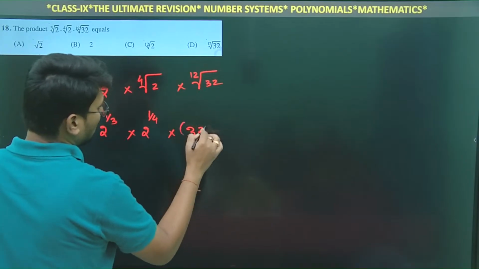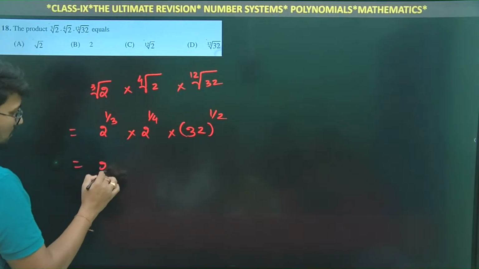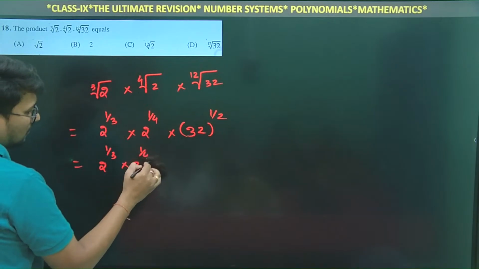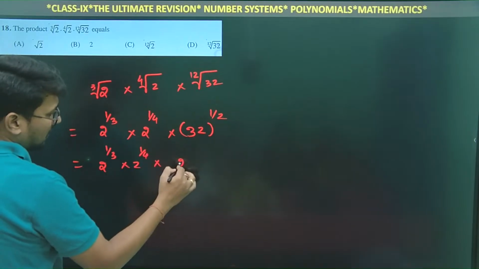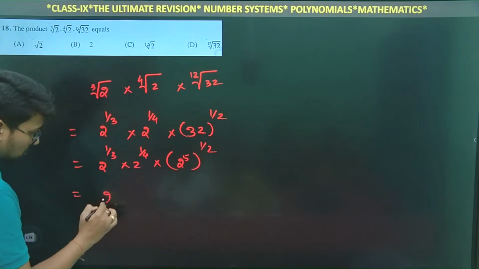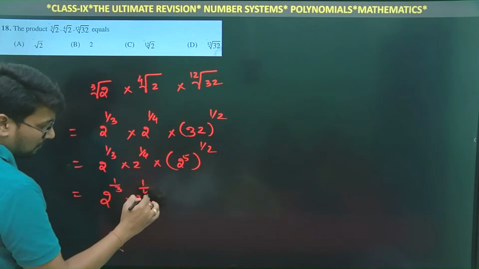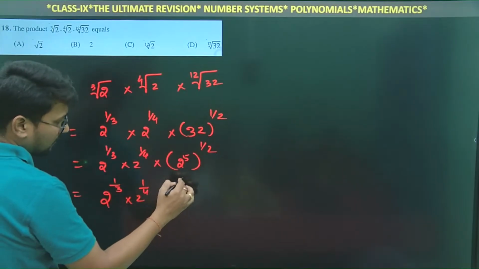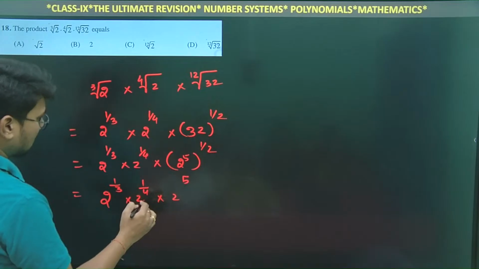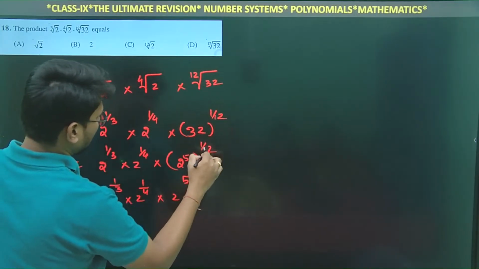Okay, 32 to the power 1 by 12 we have written. Further, 2 to the power 1 by 3 into 2 to the power 1 by 4 into this 32 can be written as 2 to the power 5, you know, to the power 1 by 12, right?